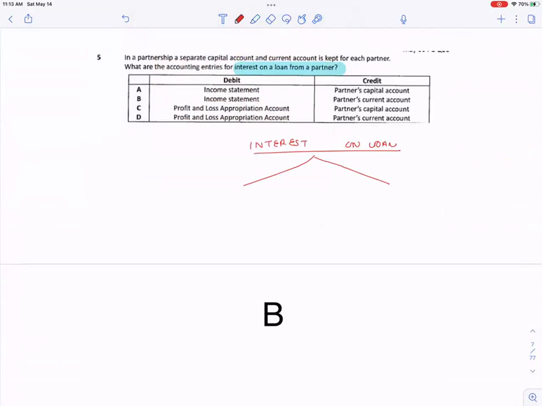The two places where it appears: one is in the income statement as other expenses. What is the first place where it will appear? Income statement. And the other place?